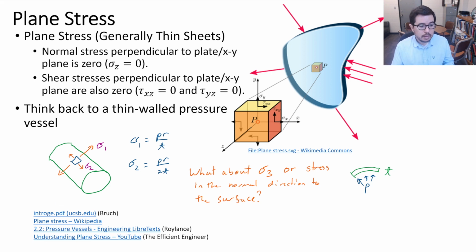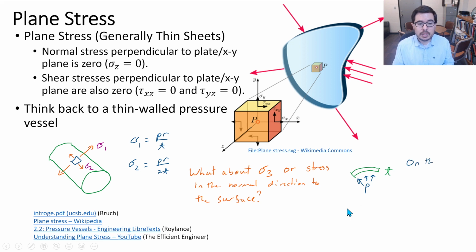If you look at the video from the Efficient Engineer on understanding plane stress, what it says is that the tangent, shear or normal stresses at an air interface are essentially 0. And we can argue, well, maybe it's not quite that way on the inside. On the outside, sure, it's pretty much 0 outside of this pressure vessel. On the inside, maybe it's P.